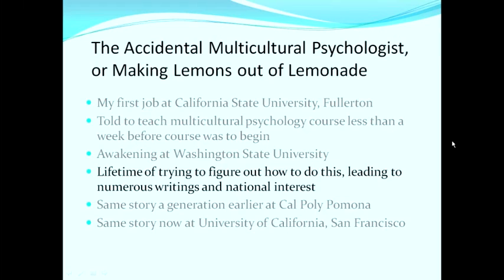And so since I was putting in so much effort, I went to the chair of my department and said, I know that I said that my research area of interest was in metaphors and political persuasion, but I'd like to add multicultural psychology to it, so I'd like to have kind of two major areas of interest. And she said that was fine. And I ended up getting tenure on the basis of my multicultural writings and not on my metaphor writings.